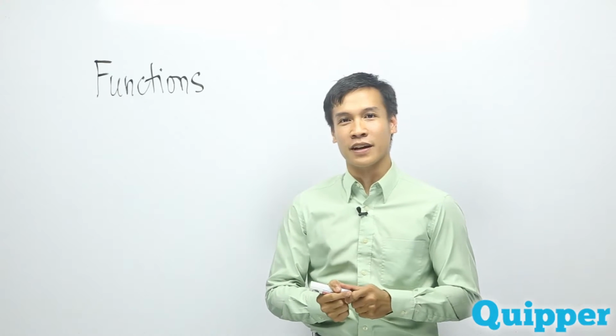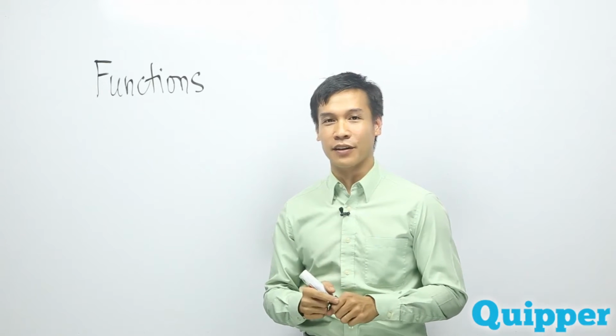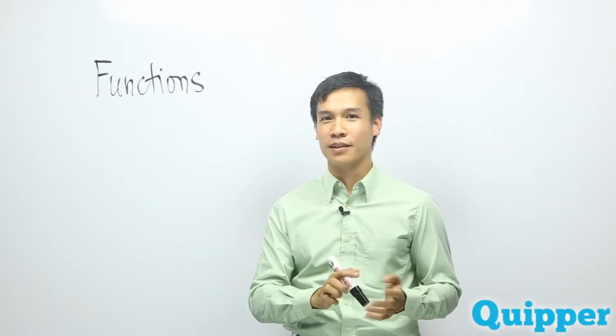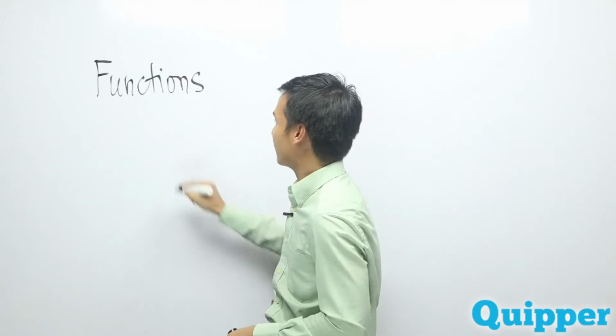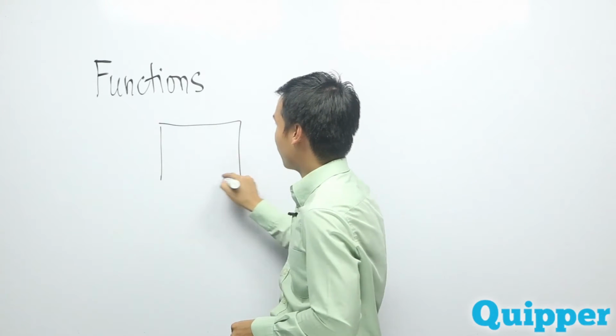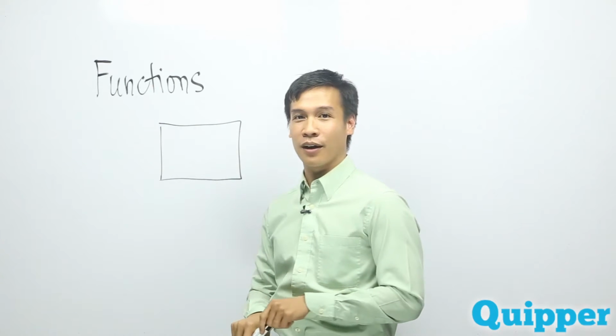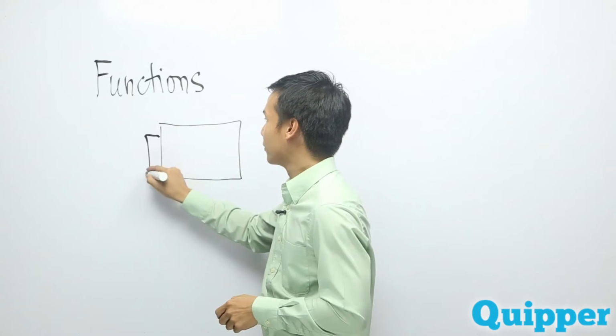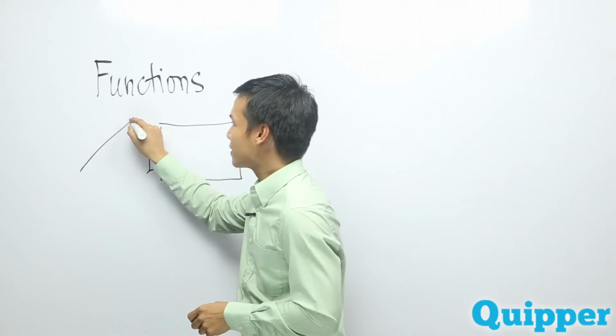Functions can be thought of as machines. You have an input and an output. So say we have, for example, a factory for wood. We have here the logs.